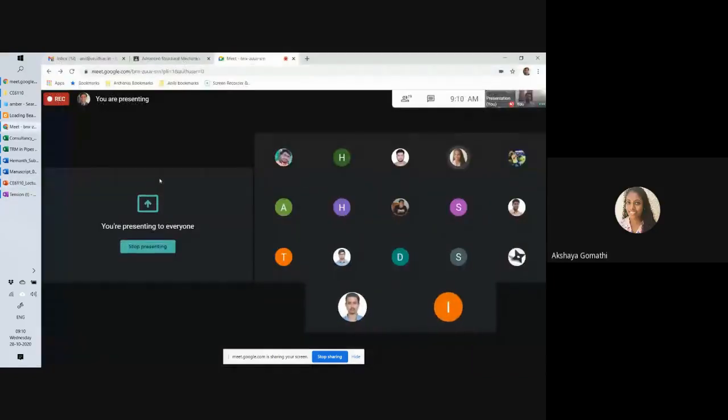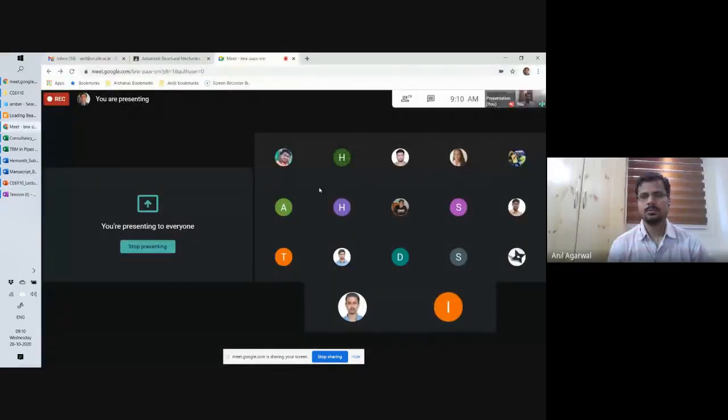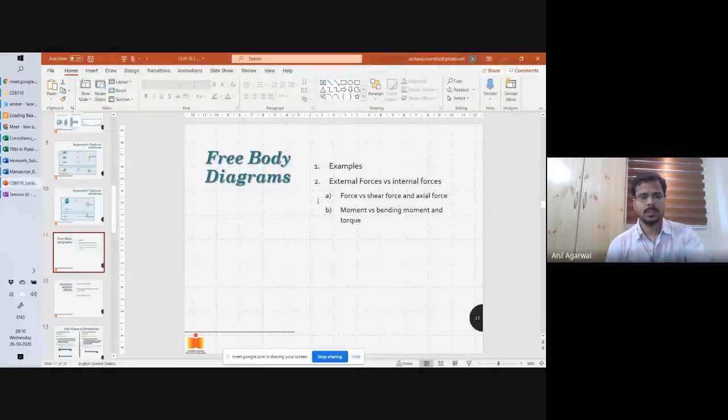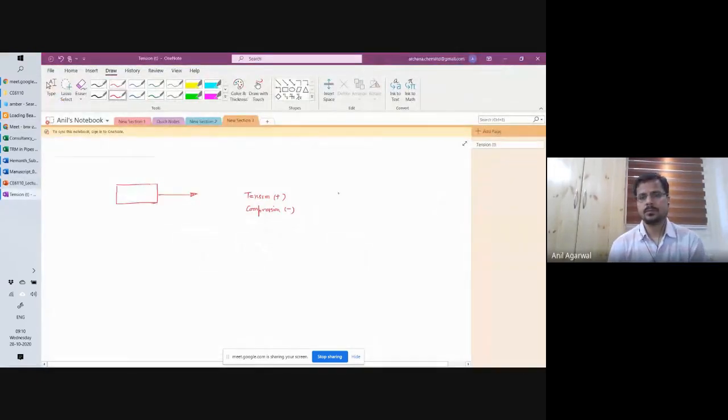Or I should say, rightward positive, leftward negative. That might be a correct sign convention.